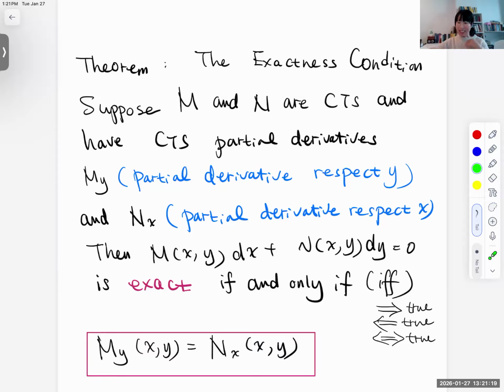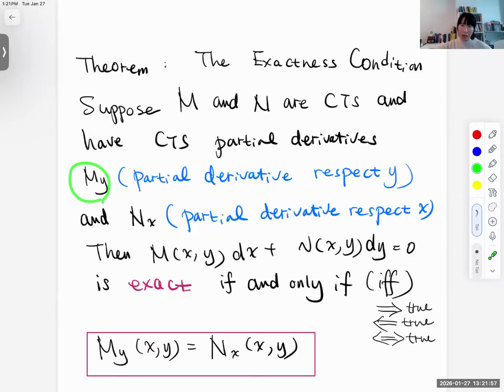The theorem, the exactness condition: suppose M and N are continuous functions, and have continuous partial derivatives.